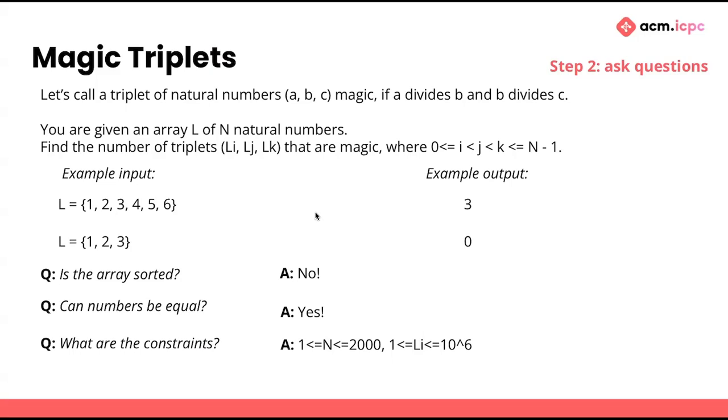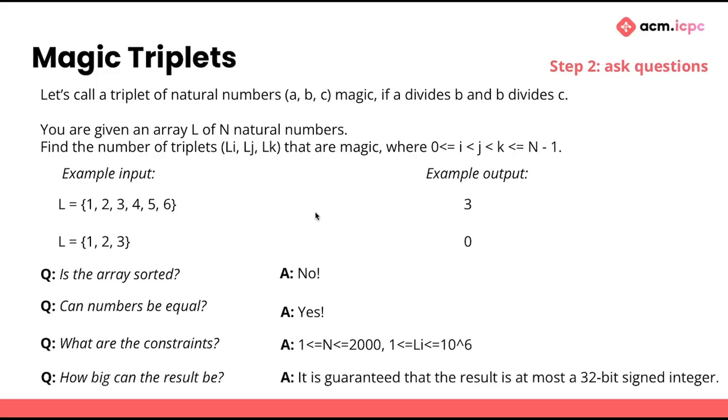So maybe not a very obvious question, but sometimes it's good to ask what kind of result we are expecting. What if our result is greater than the limit for the type we are going to use? For example, if we are dealing with numbers with many digits, then we'll probably use strings to store them instead of integers.